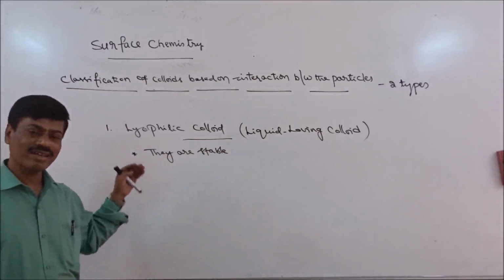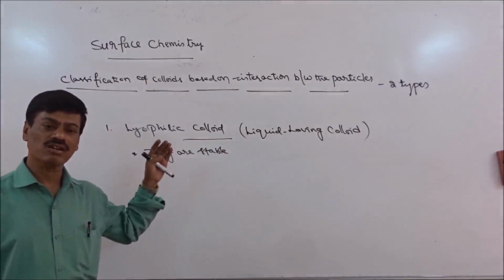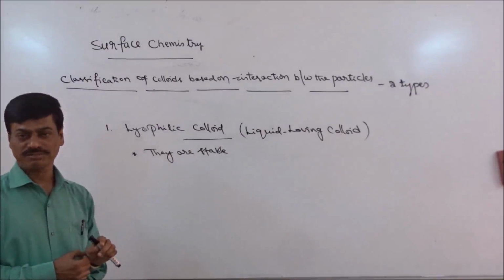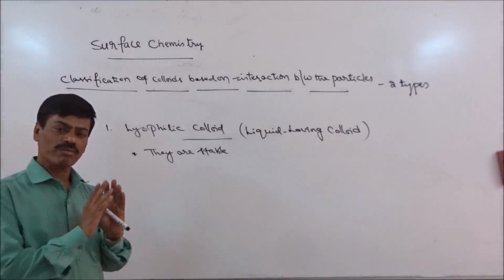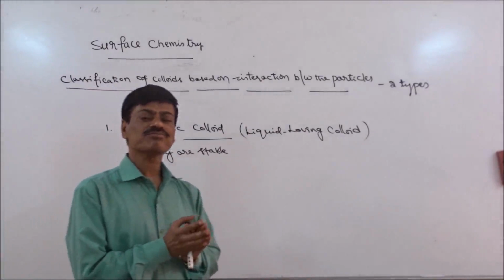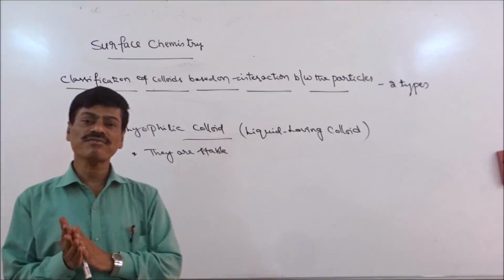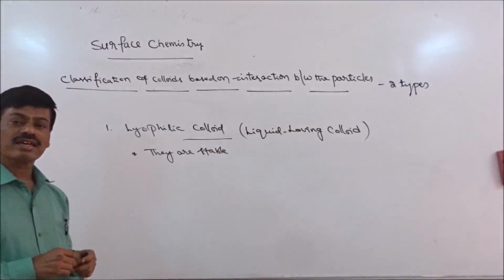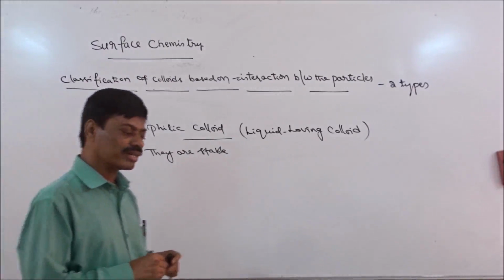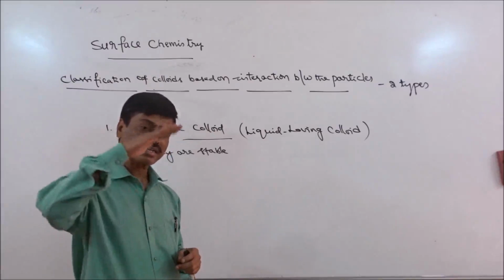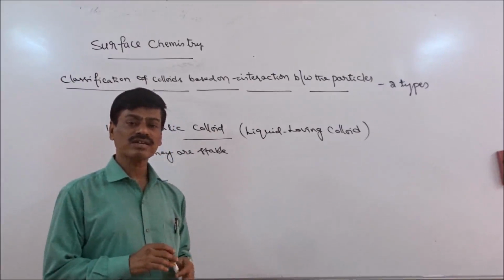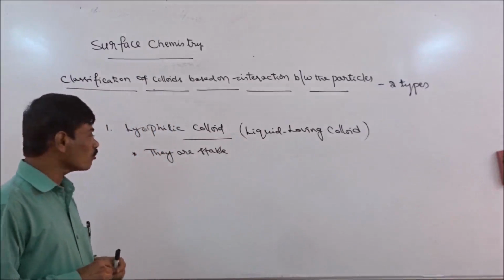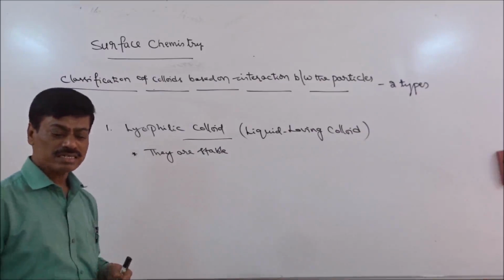Lyophilic salt will exist as lyophilic salt only. Dispersion medium cannot be separated, right? Just by warming, by shaking, and by adding small amount of electrolyte. The components present in it cannot be separated, or dispersion medium cannot be made to settle at the bottom part of the container. So in that way, lyophilic salt or lyophilic colloid is said to be stable.